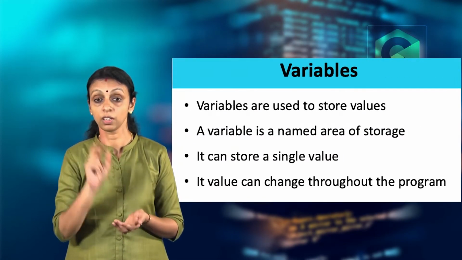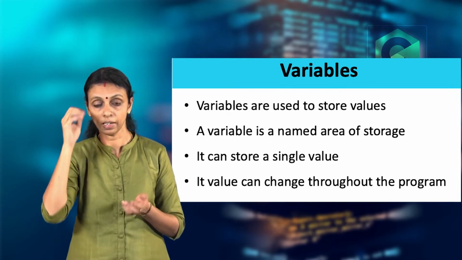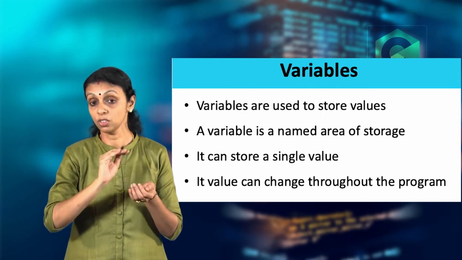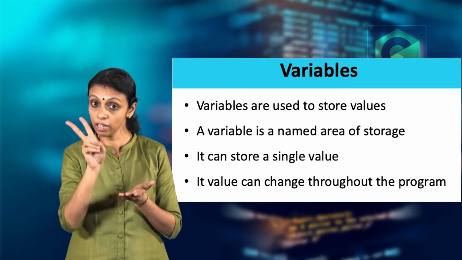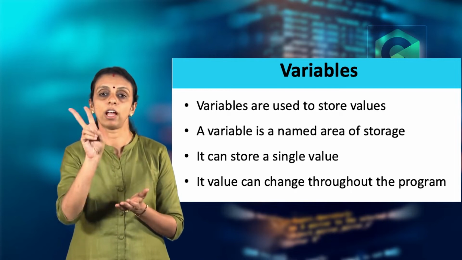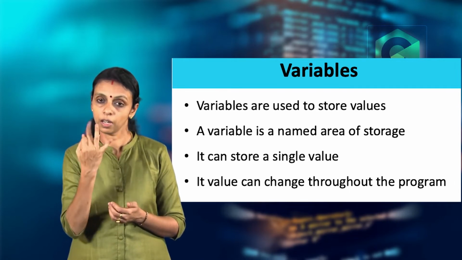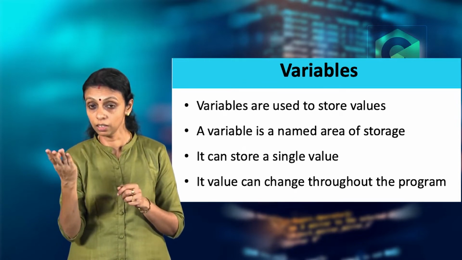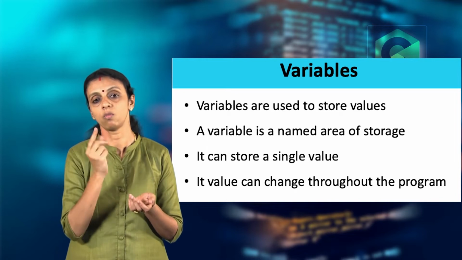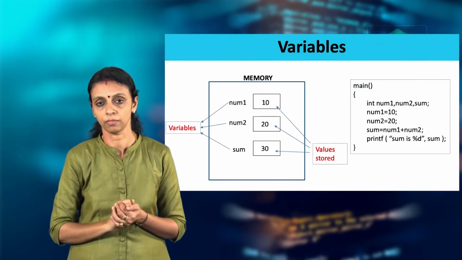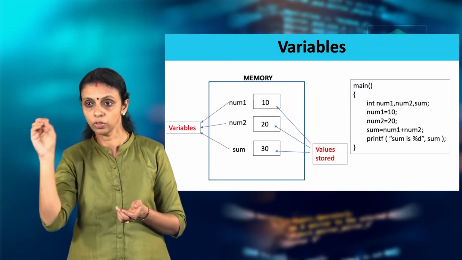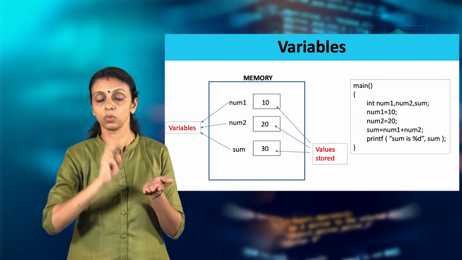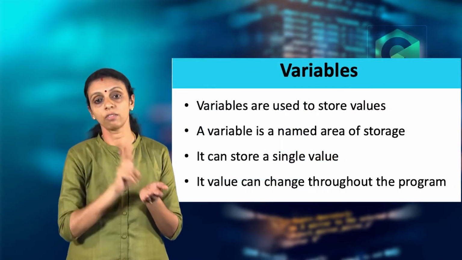A variable is a named area of storage. It can store a single value, numeric or character. That is, you cannot store more than one value in a variable at the same time. You cannot store 10 and 20 in the same variable num1. One variable can store only one value.